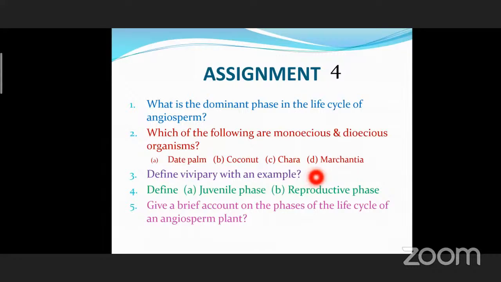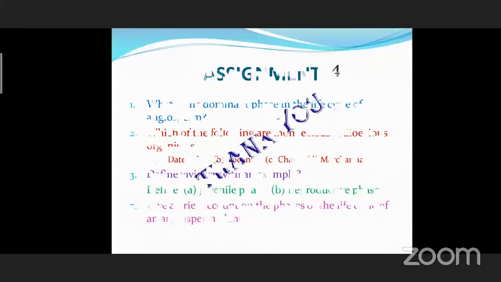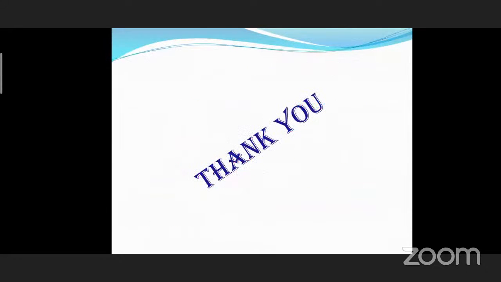This is also a 2 marks question. Define juvenile phase and reproductive phase. This is also important for 2 marks weightage from the IPE point of view. And fifth: give a brief account of the phases of the life cycle of angiosperms. This is also important for weightage in IPE. Thank you.